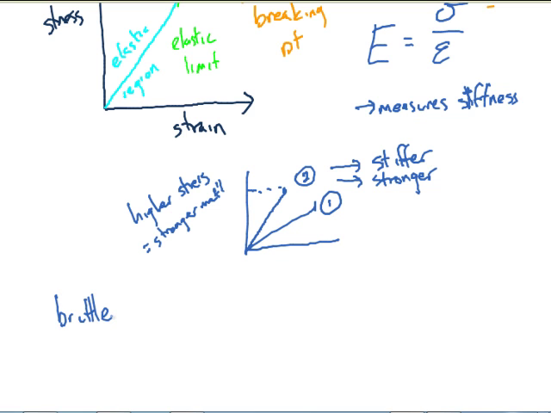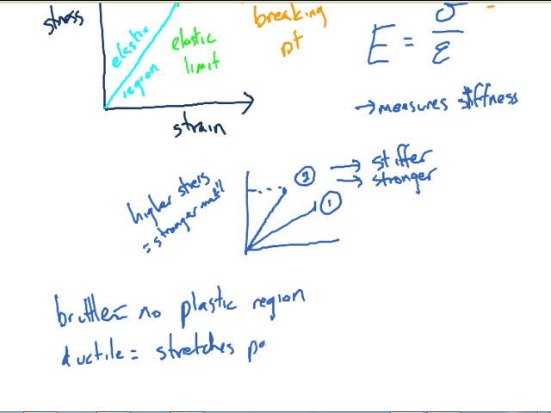So just to reiterate, brittle, no plastic region, and ductile. Ductile are things that can be drawn into wire, that can be stretched. So once you pass that elastic limit, it will stretch, but it won't return to its original shape.